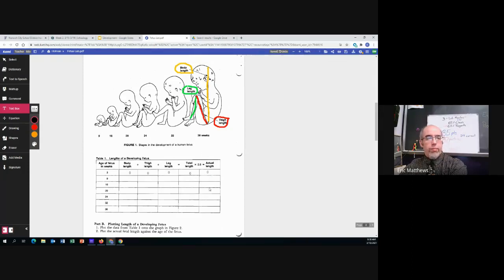But let's say at 9 we measure it, and I'm just going to make up some values. So let's say we did 2 and 3, 4. All right, so then we add those up. 2, 3, and 4. So that's 5 plus 4 is 9. Total length, 9.